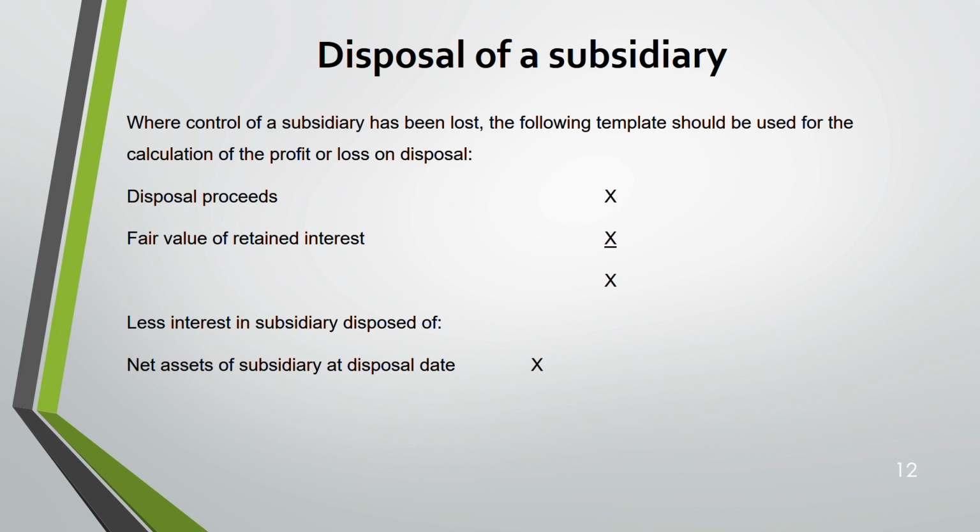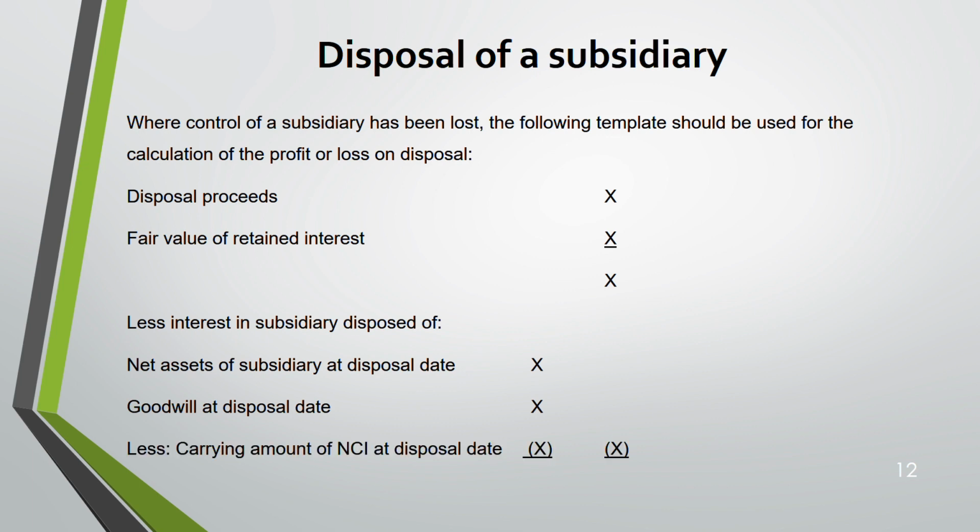So net assets plus goodwill less NCI, that whole amount you deduct. Do the deductions in the inner column, and disposal proceeds and fair value of retained interest in the outer column, exactly the way it's given, so that it does not lead to confusion. Then add the profit and loss to the group. This is how you do that.